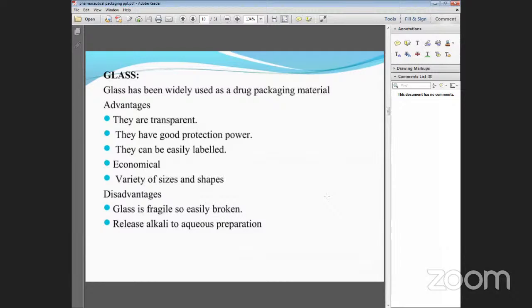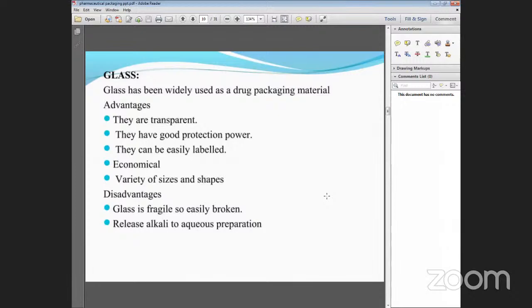Now, what are the advantages of glass? First, they are transparent, so the medicine kept in the container can be seen easily from outside.